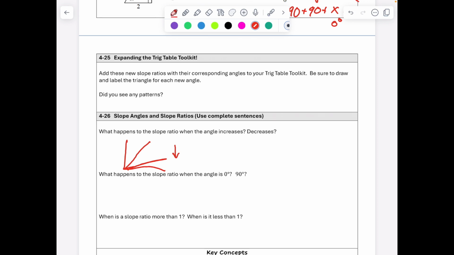When the slope ratio increases, so when we have a bigger change in y, the angle increases and the slope ratio increases. So that's a direct relationship.